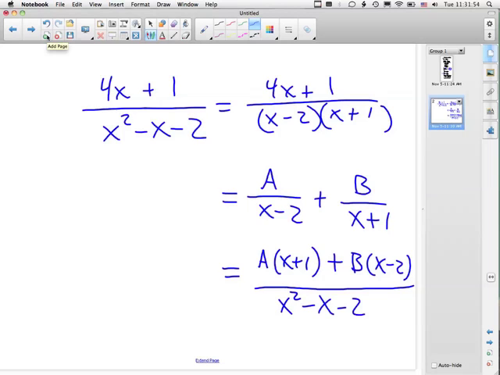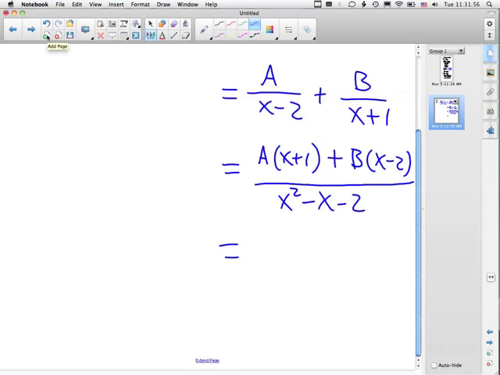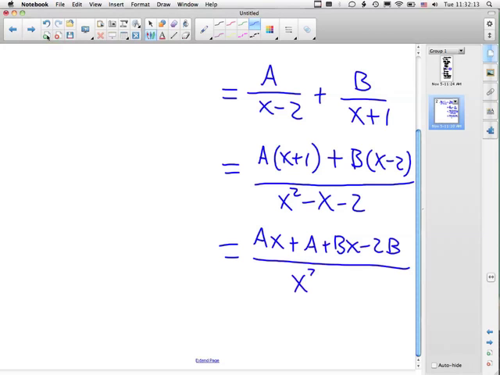I'm going to multiply everything out and combine like terms again. So we've got ax plus a plus bx minus 2b over x squared minus x minus 2.